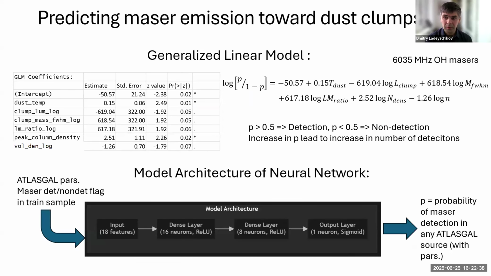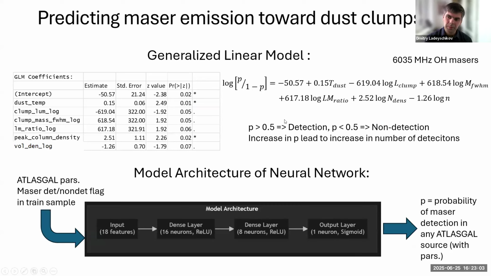Here is an example of what we have in output for GLM and neural networks. For GLM, you have a linear formula containing physical parameters of ATLASGAL clumps, and as output you have the probability of maser detection. So you can easily calculate the probability for any ATLASGAL source with defined physical parameters using this model.